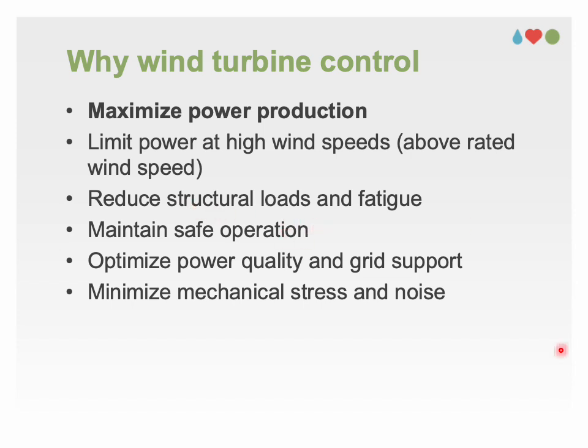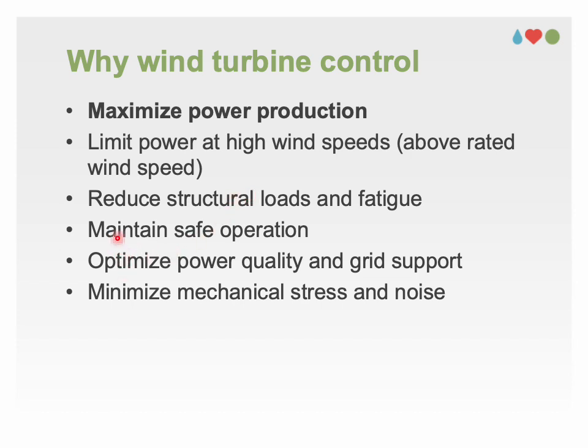We know wind is turbulent. It creates fluctuating loads on blades, tower, drivetrain, and bearings. Control systems reduce these dynamic loads to extend turbine lifetime and lower maintenance costs.